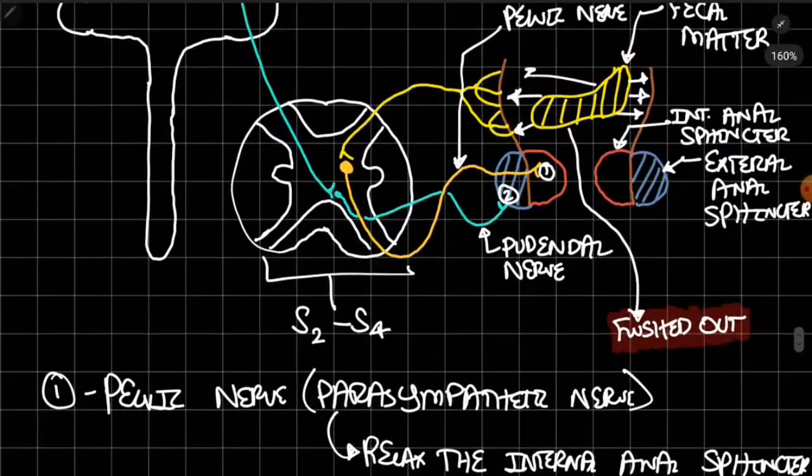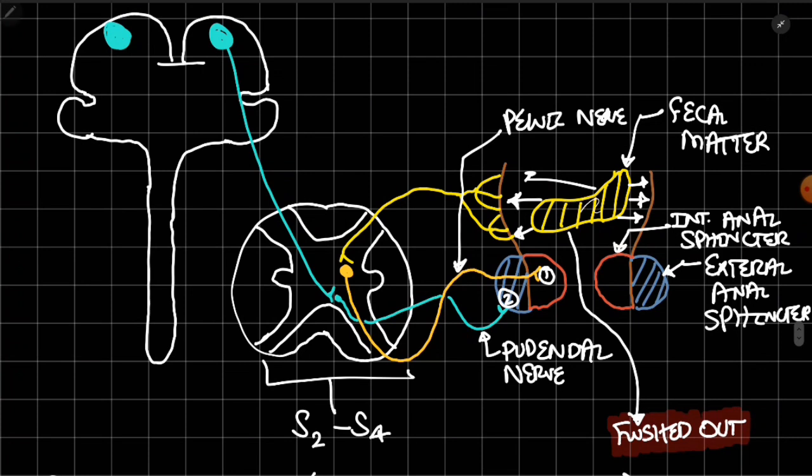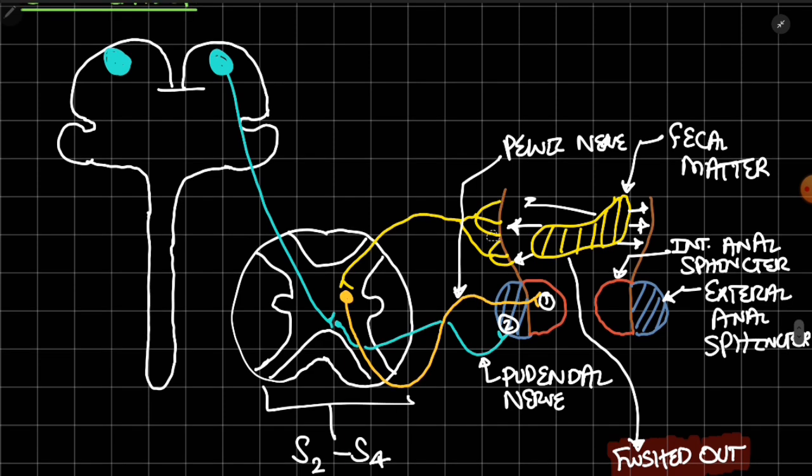What we saw at first, the fecal matter creates pressure which stimulates the myenteric plexus. This was the myenteric plexus. It goes to the dorsal root ganglia, synapses, a parasympathetic nerve, the pelvic nerve, comes into action and relaxes the internal anal sphincter.